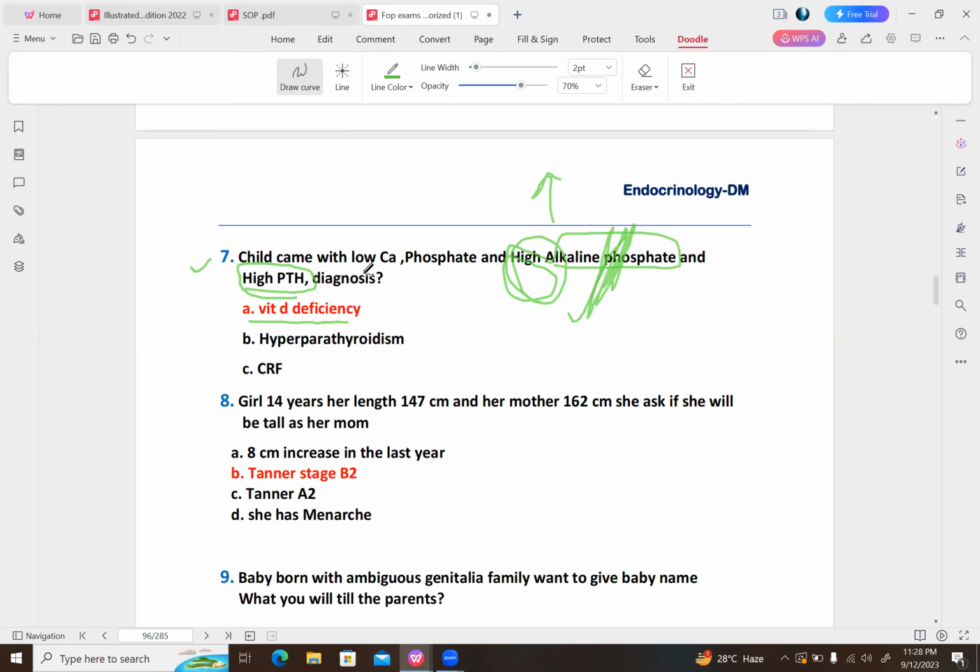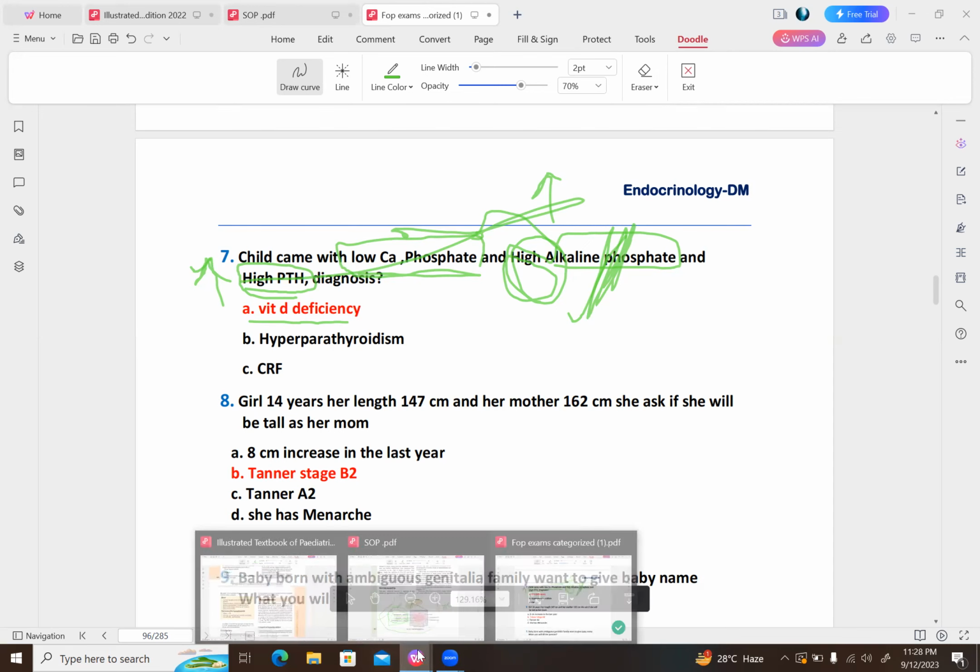Calcium and phosphate are low with this deficiency, and secondary to this low calcium and phosphate, the parathyroid hormone becomes high as a result of the feedback mechanism. All right, I am going to show you the table in a while.